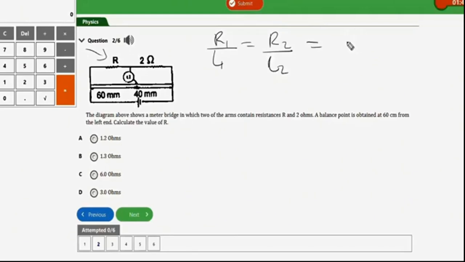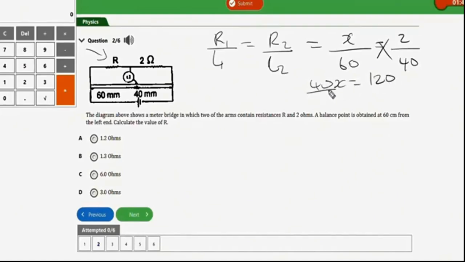So we are looking for the R1, the one here. It's unknown, let's call it X, over our L1 is 60, the first length, the one at the left. Then the second R is 2 over the second L is 40. So you cross multiply, going to have 40x equals 60 times 2, which gives you 120.